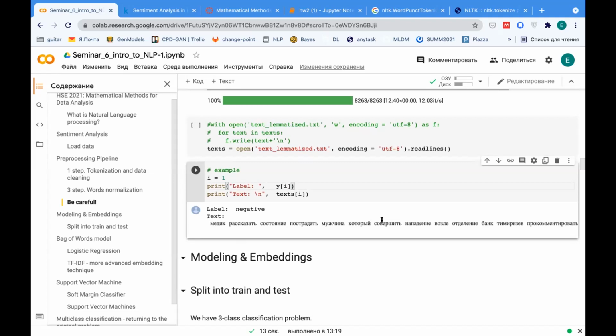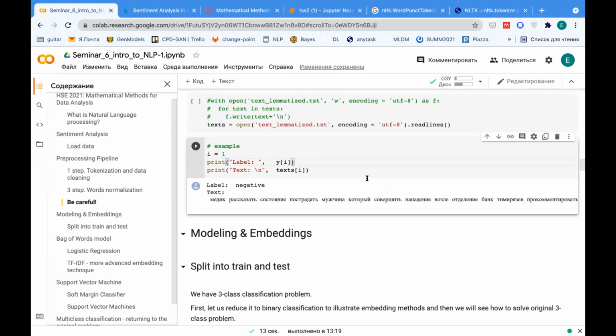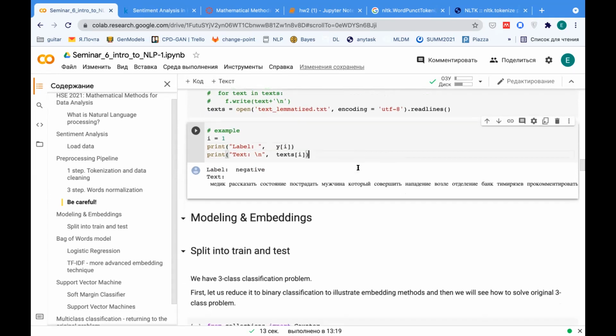We removed punctuation and all stop words, and transformed it using lemmatization. And we will have the text like this. So it's not really a text, it's just a set of words, but they were transformed to some normal form. So there won't be so many forms of words that have closer meaning.